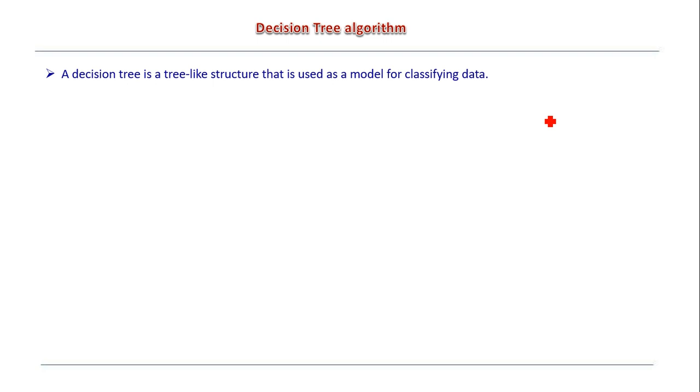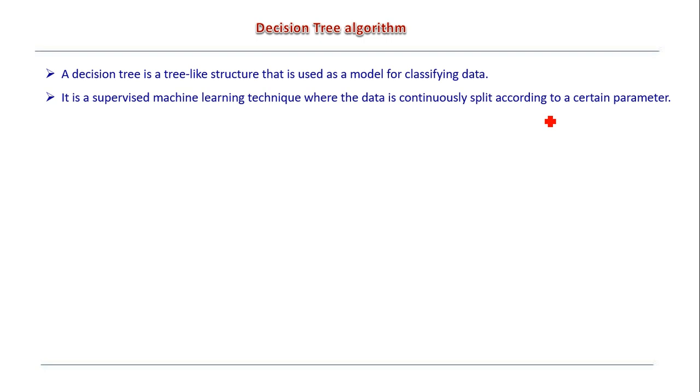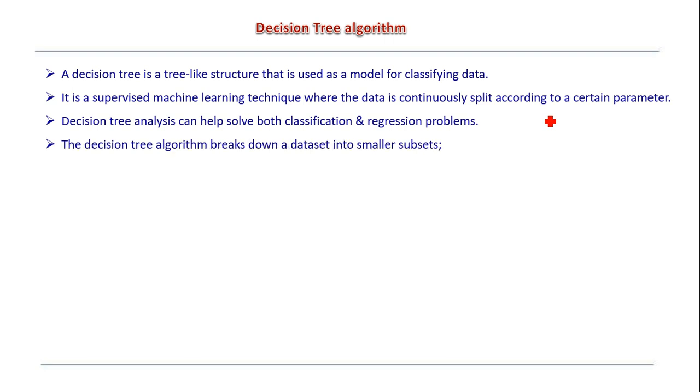It can be used for classification as well as regression, but in this project I am applying the classification technique for classifying my data. It is a supervised machine learning technique where the data is continuously split according to a certain parameter. So decision tree analysis can help solve both classification and regression problems.